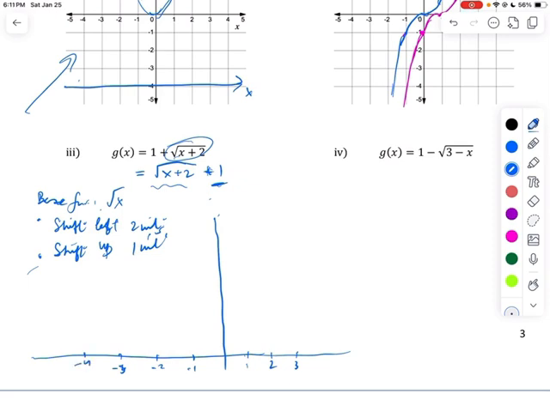So now we have to graph the function. We have to have some tick marks over here.